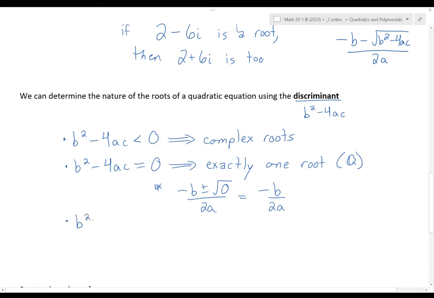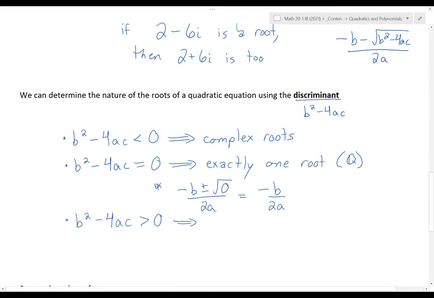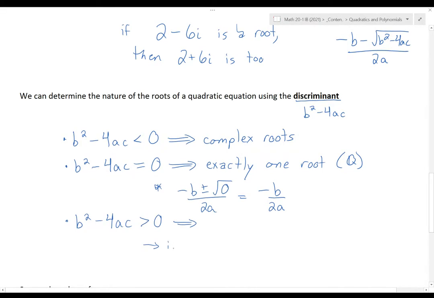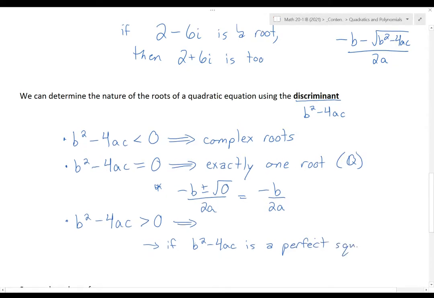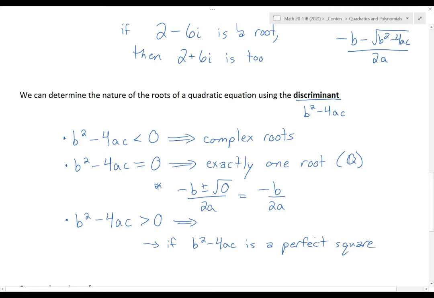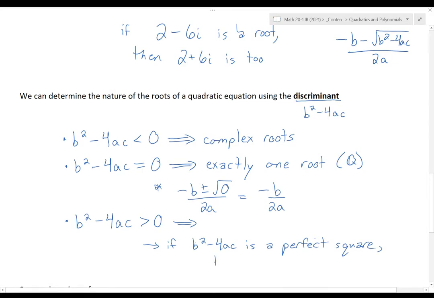And if b squared minus 4ac is greater than 0, then we have two cases. If b squared minus 4ac is a perfect square, so a square number like 49 or 121 over 4, the roots are rational.